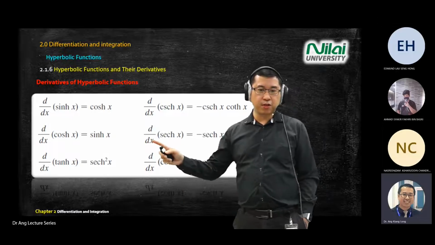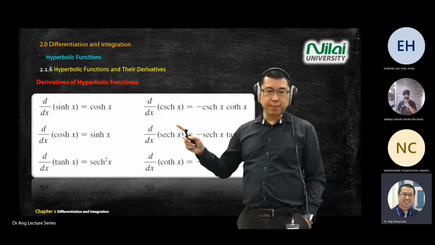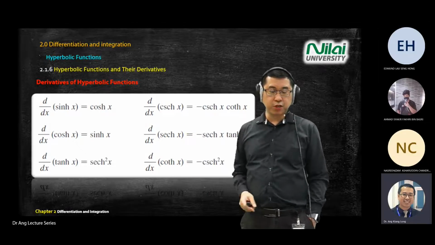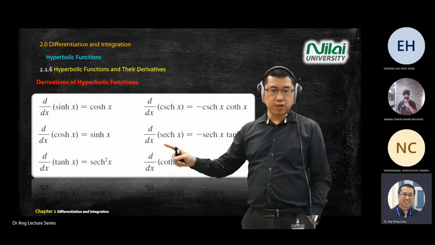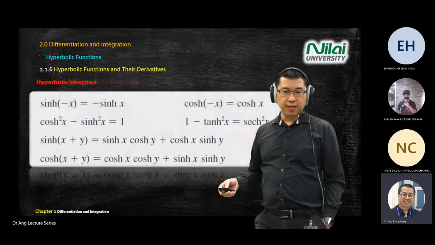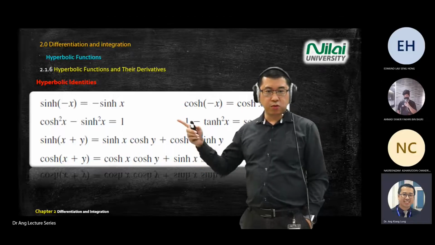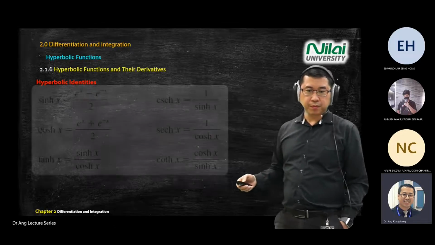Most of the time, you use this one from the question: the question asks you to differentiate something, then you use this one. Or when you come to half of your steps and you need to differentiate, especially the product rule just now, you use this table. This one also, in between your steps, when you need to simplify, you use this one.